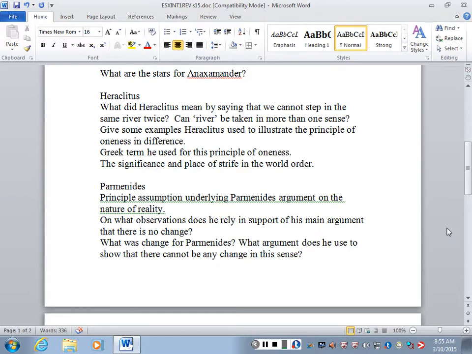That we can speak of the same river, or we can speak of the Gunpowder River or the Potomac River. And the idea is you've got the constant tension of opposite forces, water that naturally wants to overflow its banks, and the banks of the river that are containing it. And it's that tension that he refers to.